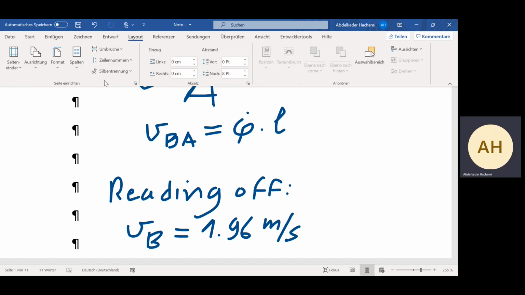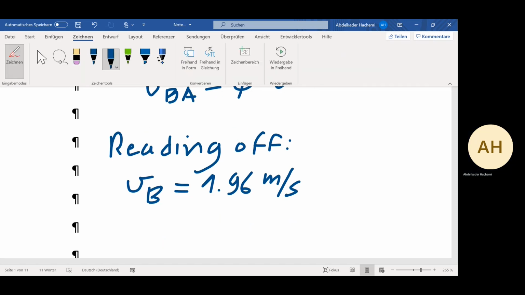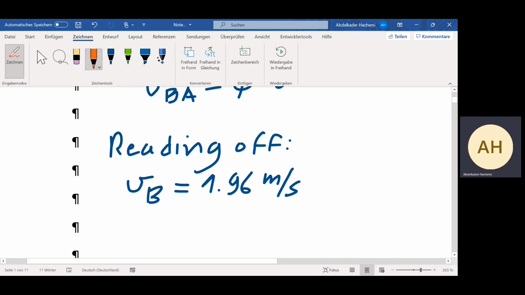This is what we get from this polygon of forces.